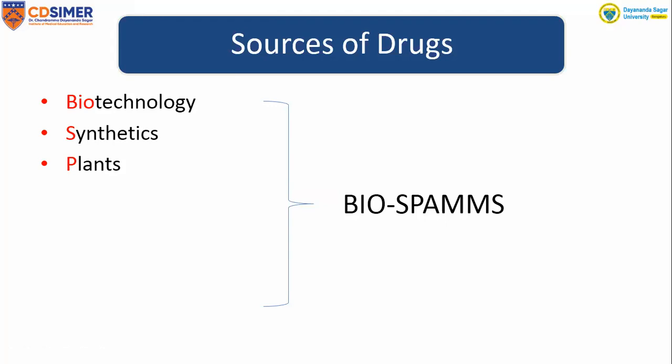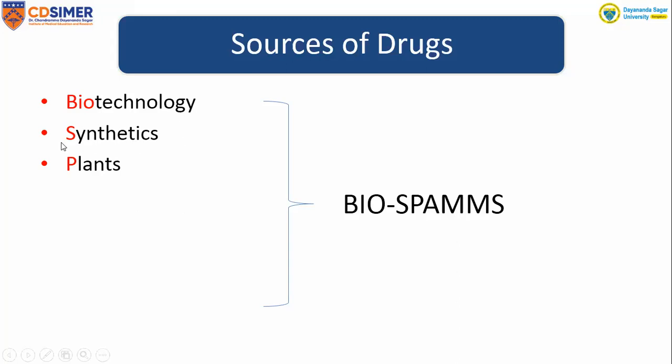Ethyl alcohol is a drug. Yes, ethyl alcohol is used for treating methyl alcohol poisoning. You will learn that. This is a very interesting question you will be asked in your examination.